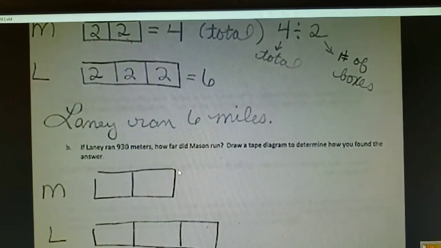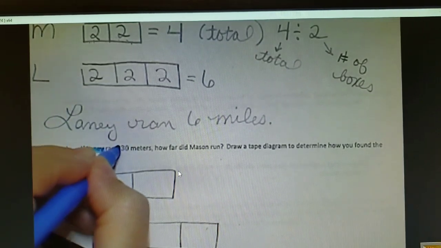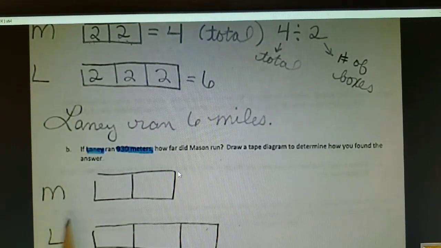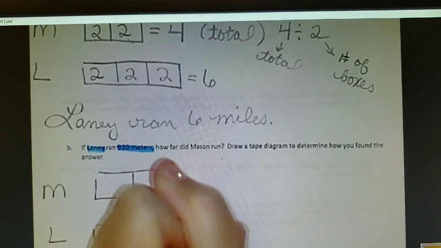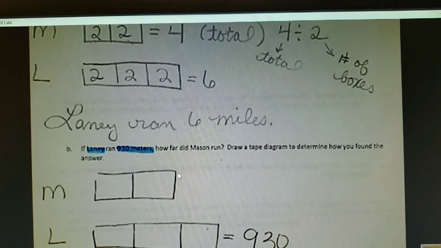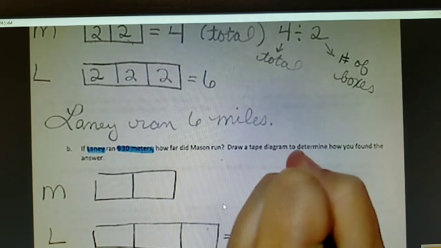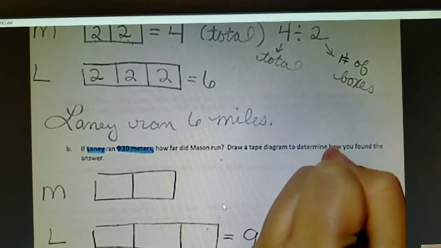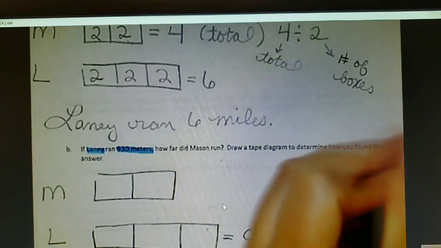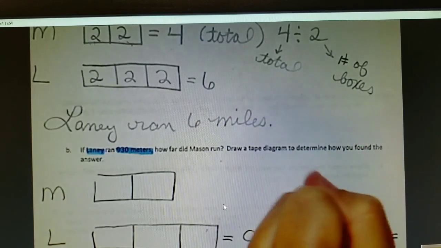Okay, and on this one, it's Laney, and she ran 930 meters. So we want to make sure that that's our total. That goes at the end of Laney. Okay, so then we're going to take 930, and split it evenly between 3 boxes, which means we're going to divide. So that equals 310.